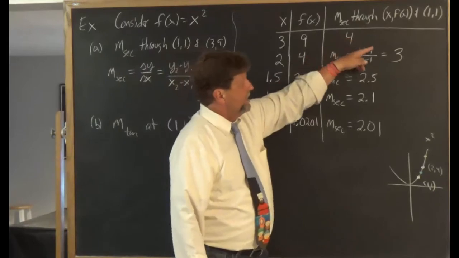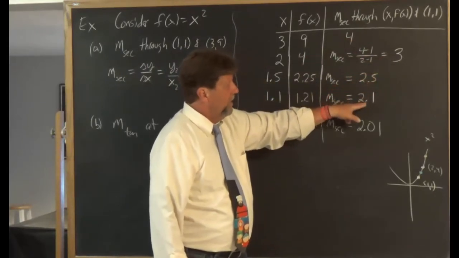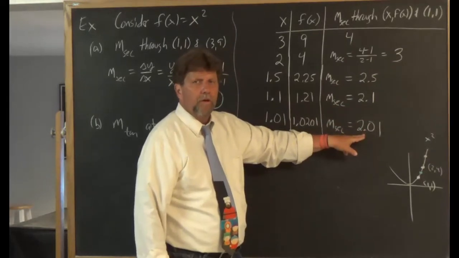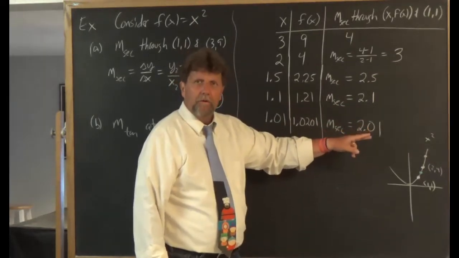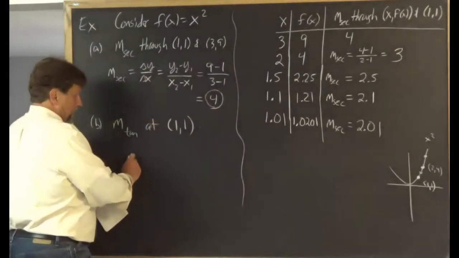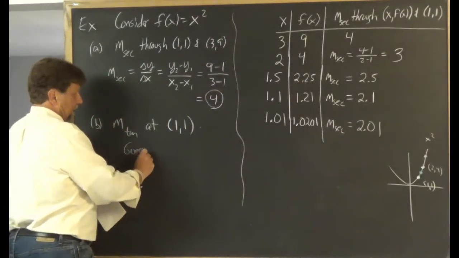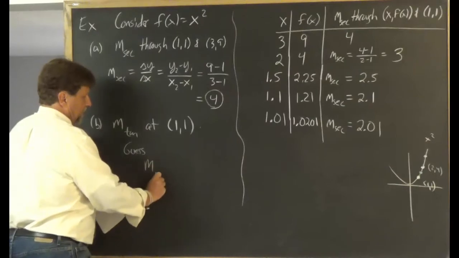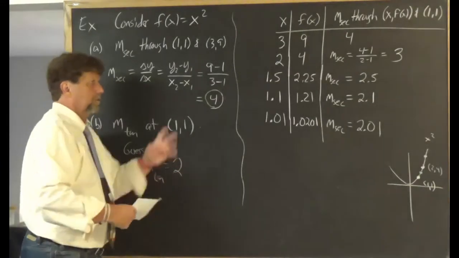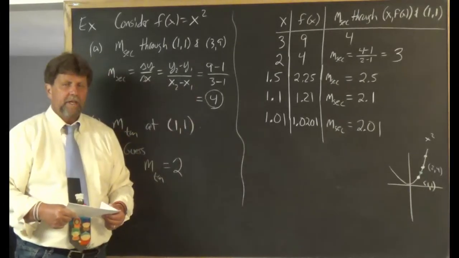It looks like the secant line slope was getting progressively closer to 2. So I'm going to make a guess that I believe the slope of the tangent line at 1, 1 is 2, based on that table that we just did.